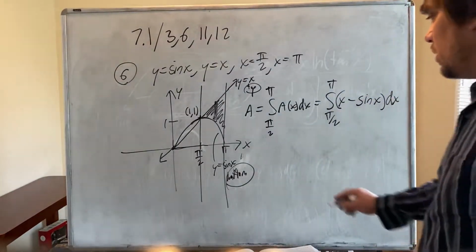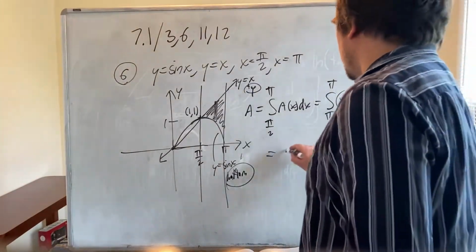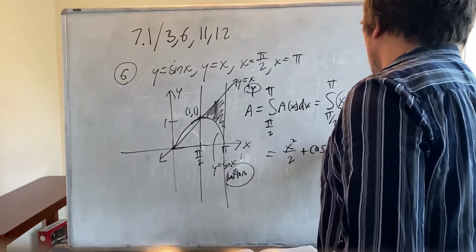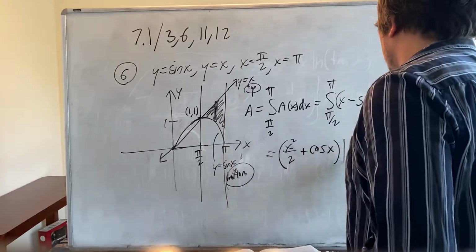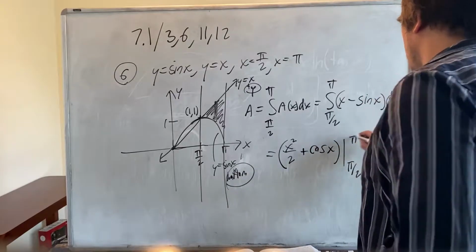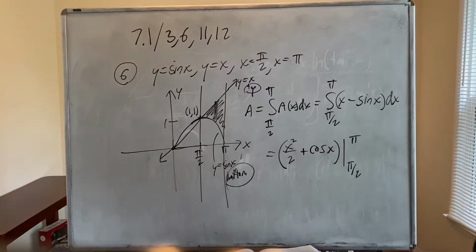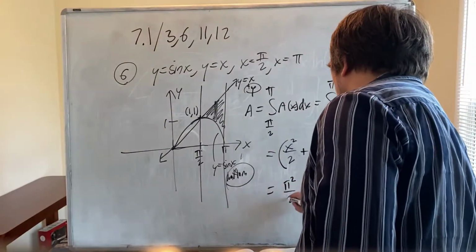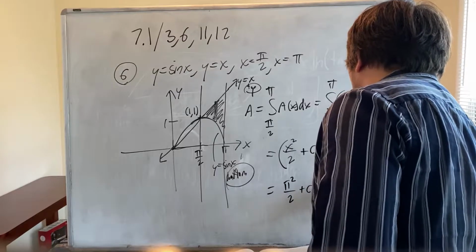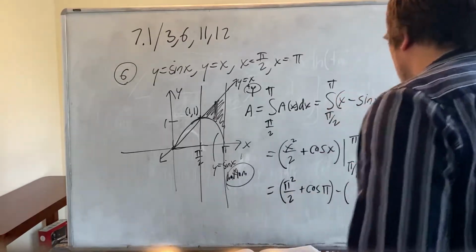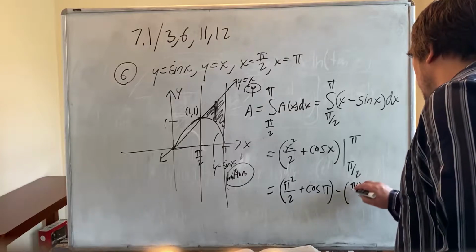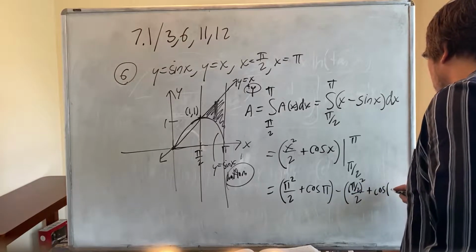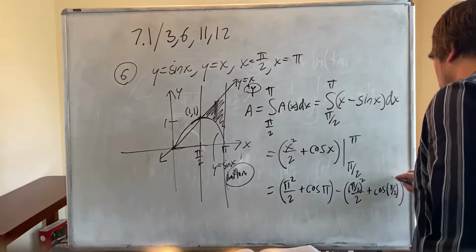dx. And so then that's equal to an antiderivative, x squared over 2 plus cosine x, from pi over 2 to pi. And that's equal to, you plug in pi, you get pi squared over 2 plus cosine pi, minus pi over 2 squared over 2 plus cosine of pi over 2.